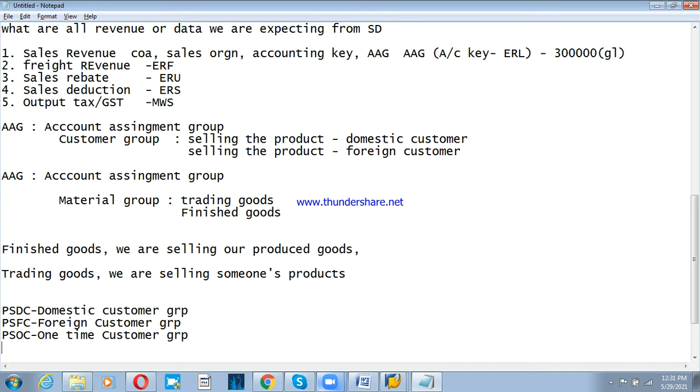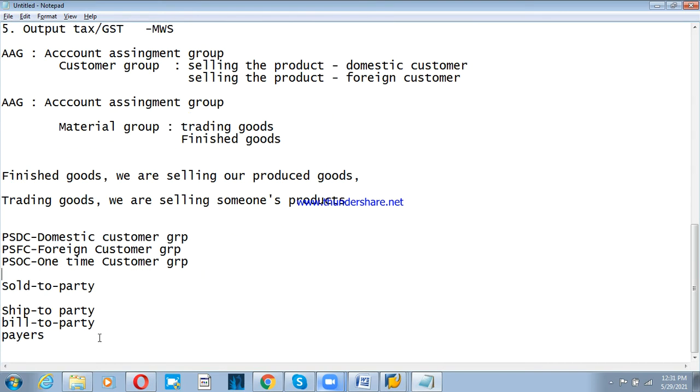These are the three groups which we created under our company code. But I don't know, in the new server I created only one group. Let me check.